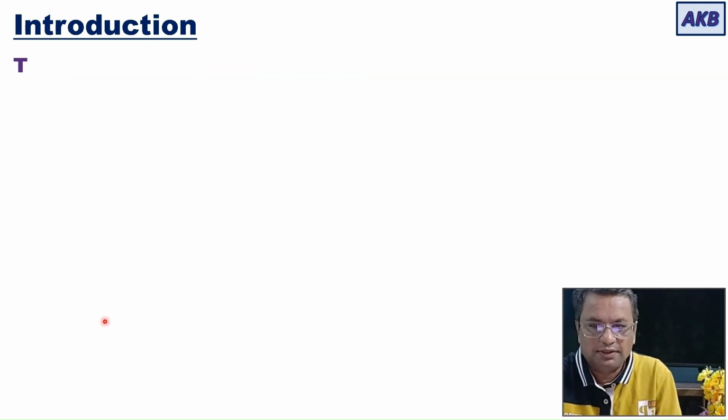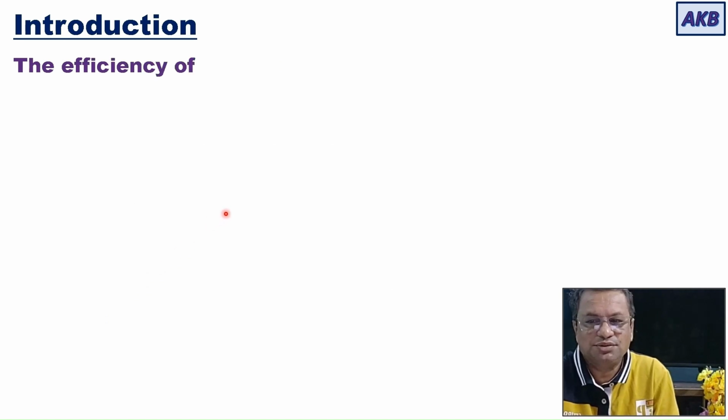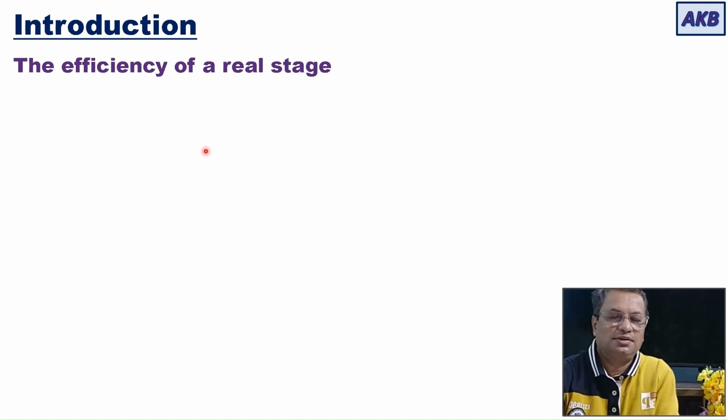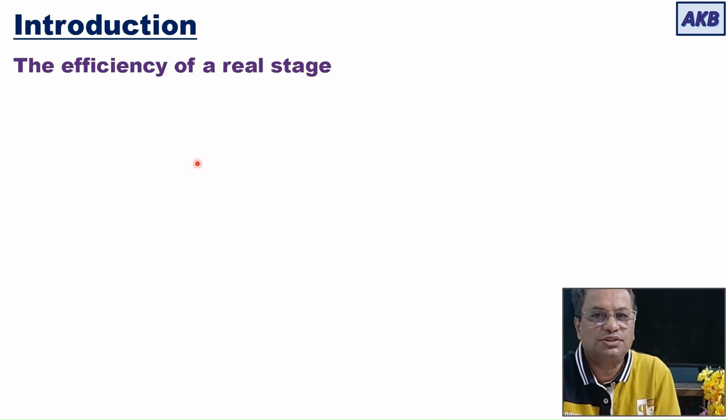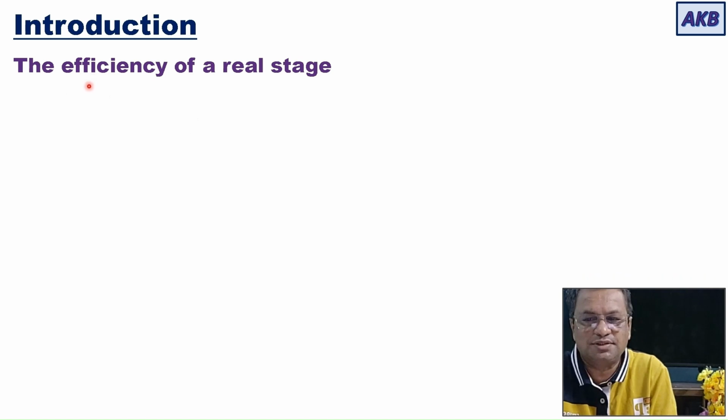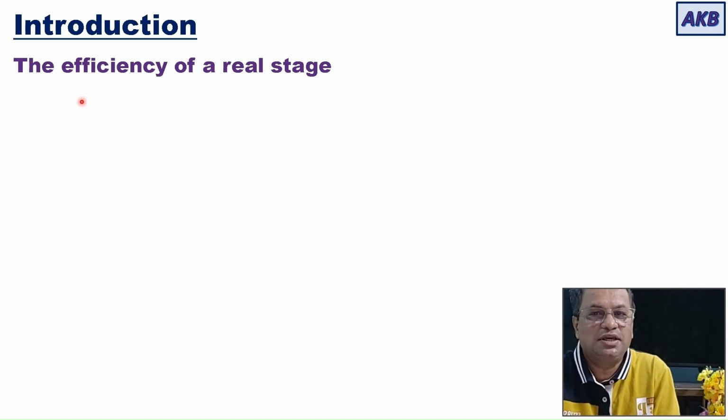Okay. Then the next thing that we are going to know is the efficiency of a real stage. Since a real stage is not able to achieve complete equilibrium, it will try to go close to equilibrium. And how close it goes to the equilibrium is described in terms of its efficiency.